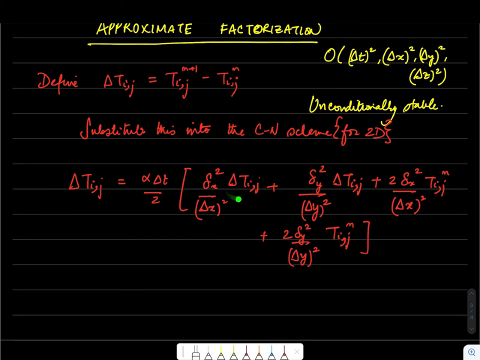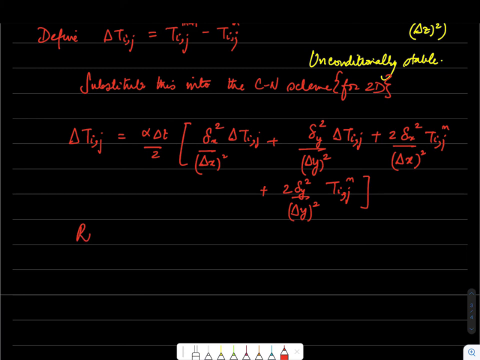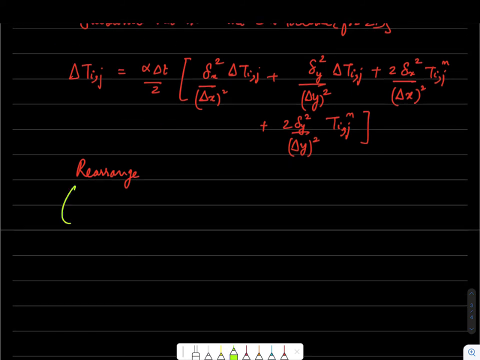So please make sure that you arrange the equation and you should get this. Now keep noting that this is actually the unknown value, which is also here on the left hand side. Now I can rearrange. Rearrange would mean that I take all the unknowns on one side and keep the knowns on the other side. So we'll get 1 minus rx by 2 del x square minus ry by 2 del y square into delta Tij. Sorry, this should be rx and ry. So how did I get this? I'm going to take this term here.